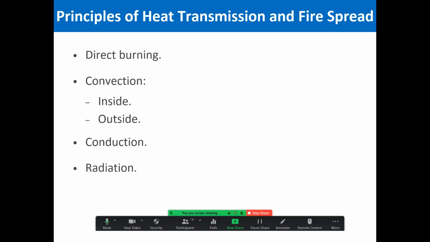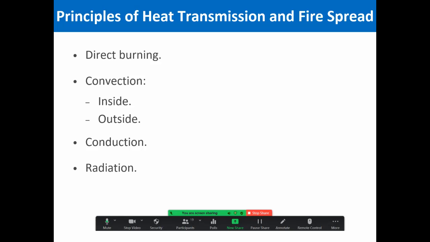There's a very simple example I will give you. If there is a fire starting on the ground floor of a building, where does the next fire happen? The next fire happens on the topmost floor of the building. And why is that? That is because of convection. Whenever a fire is there, the fire has so much heat energy that it makes the air hot, and the molecules of air start vibrating.